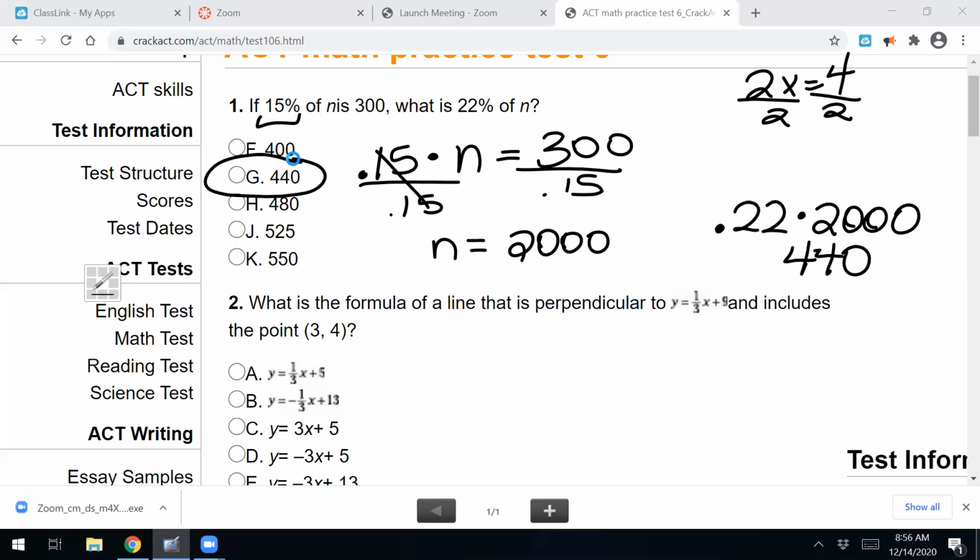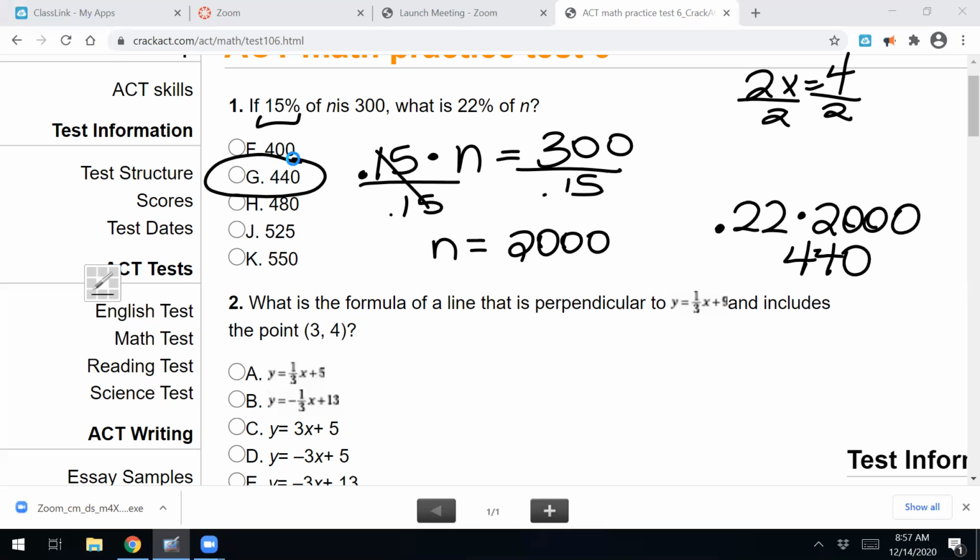Okay, number 2. What is the formula of a line that is perpendicular to y equals 1/3 x plus 9 and includes the point 3, 4? Okay, first thing we need to know is the perpendicular slope. What do you know about perpendicular slopes? Okay, it is opposite. If one's positive, the other one's negative.